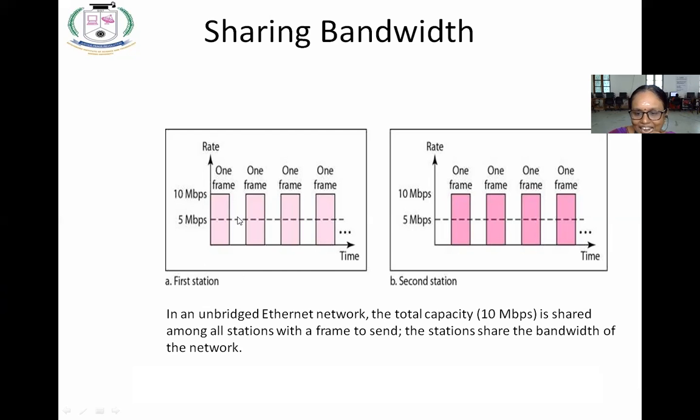While it is transferring, it will be shared, divided by 2, so 5 Mbps. First 5 Mbps will be sent, then the next 5 Mbps will be sent over a period of time. So sharing the bandwidth is always done in an Ethernet network. We will see it one type at a time.